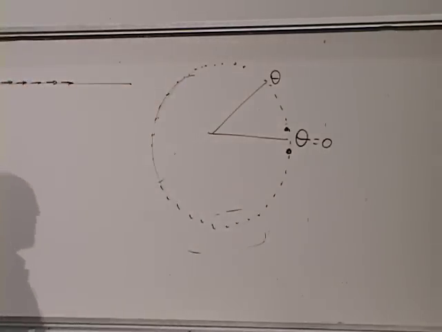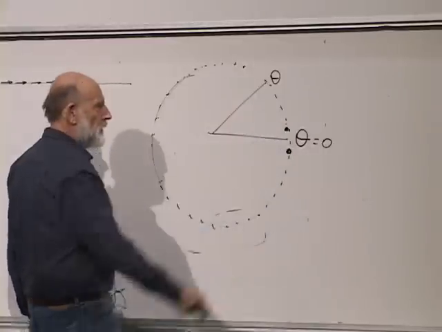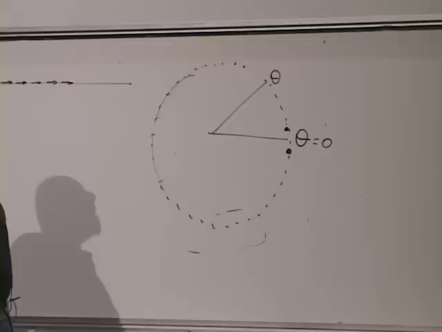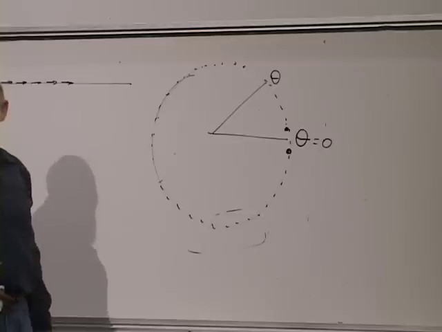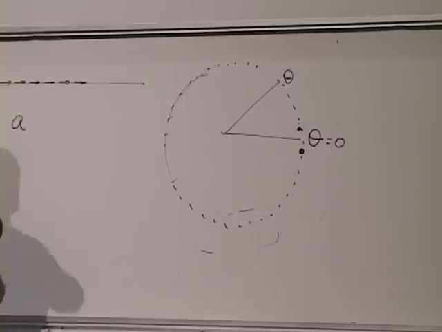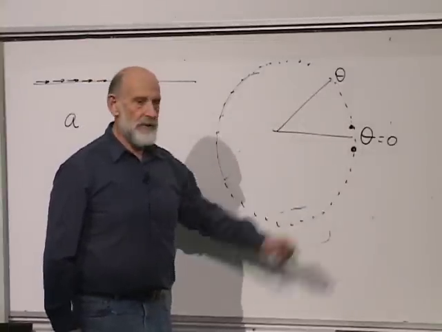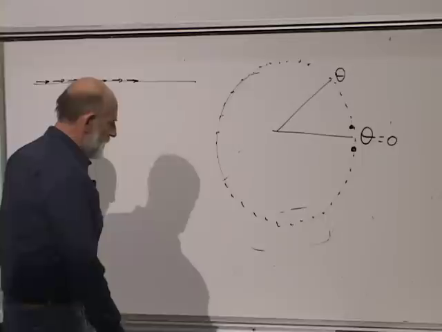And let's now talk about the distance around the circle, the size of the circle. Let's call the total distance around the circle, do I want to call it A or do I want to call it 2 pi times A? I think I'll just call it A. Scale factor. Scale factor is the total distance around.